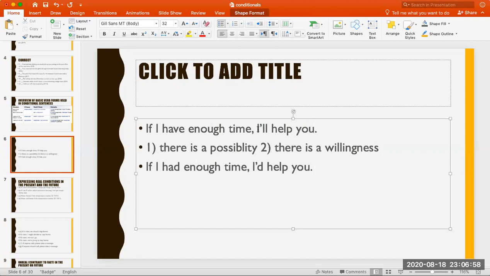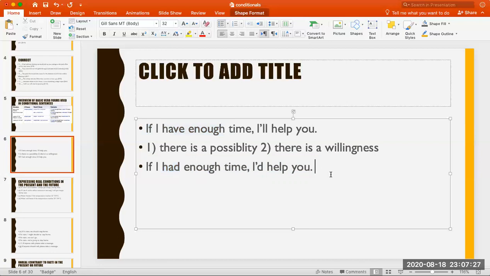Now, look at this. Both sentences mean, the meaning is in the present in both sentences. Present or future, by the way. But when we use the present simple tense in the if clause, we mean that this is real, it's possible, it's likely to happen. If we use had, the past, it doesn't have to be had, it could be any tense, any verb, it indicates two things.